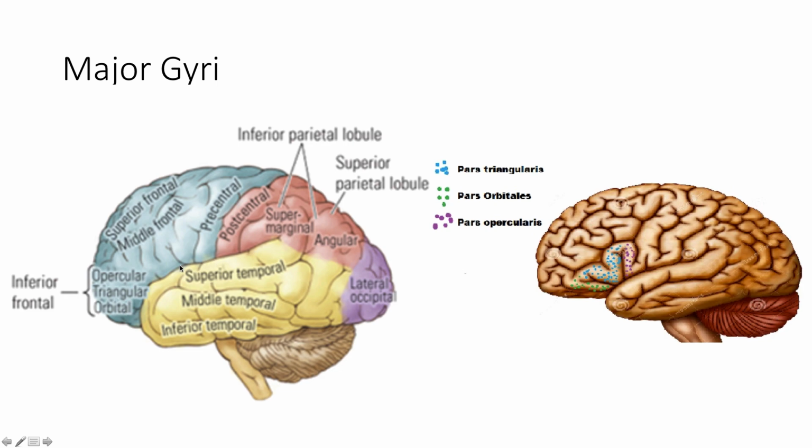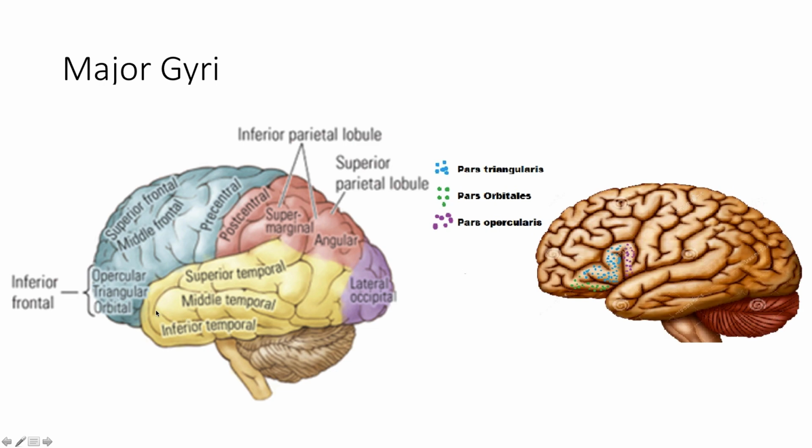So moving on to the temporal lobe, you can split that up similarly as the frontal lobe in top, middle, and lower. So the top gyrus in the temporal lobe is called the superior temporal gyrus. Then we have the middle temporal gyrus and the inferior temporal gyrus. Then all the way at the end of the central sulcus, you have the supramarginal gyrus.